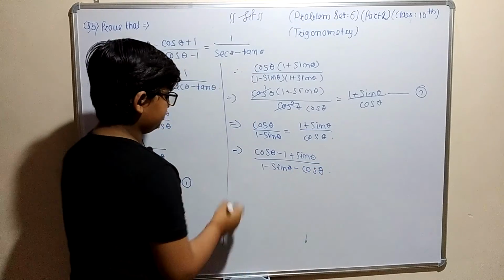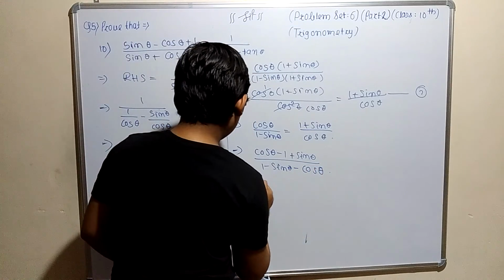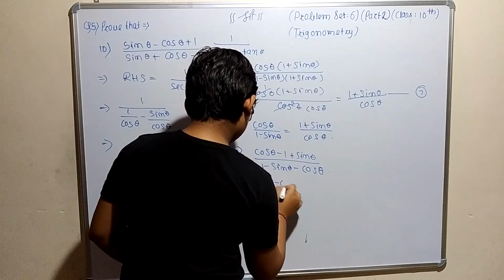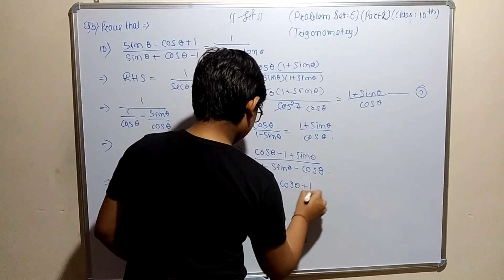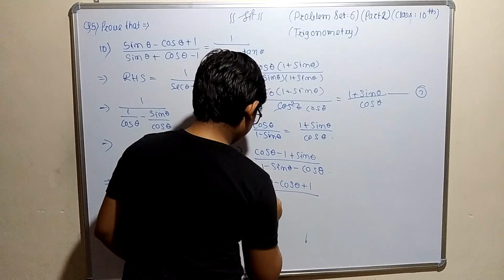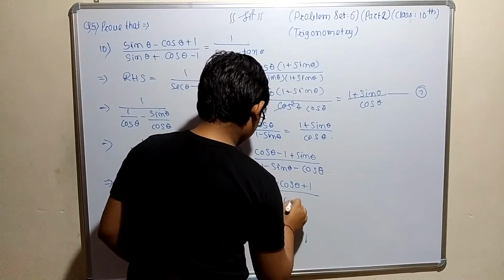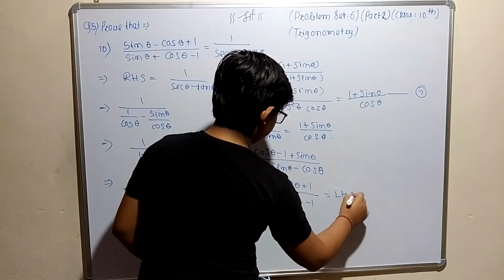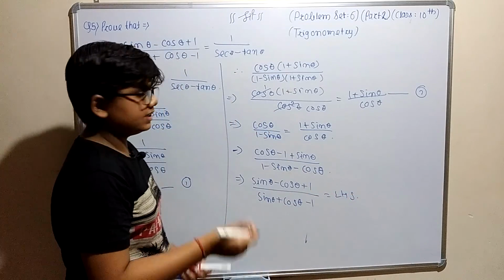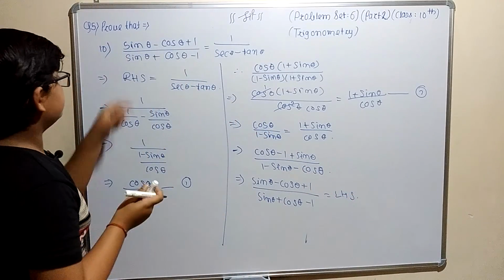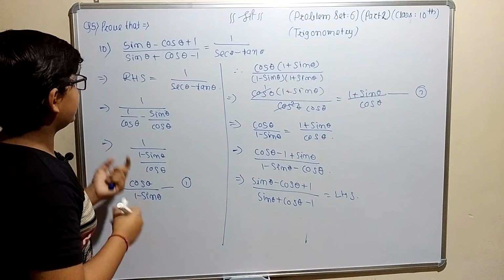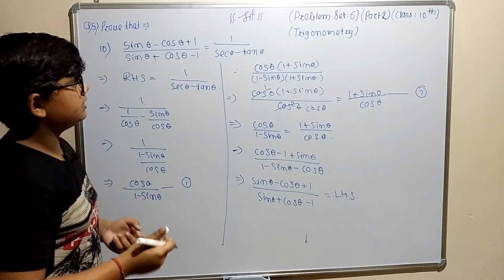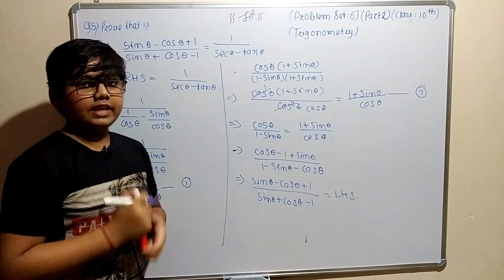Now by using a little arrangement we can say that sin theta minus cos theta plus 1 divided by sin theta plus cos theta minus 1 is equal to LHS. Since RHS is equal to LHS, we can prove this equation also, that sin theta minus cos theta plus 1 divided by sin theta plus cos theta minus 1 is equal to 1 by sec theta minus tan theta.